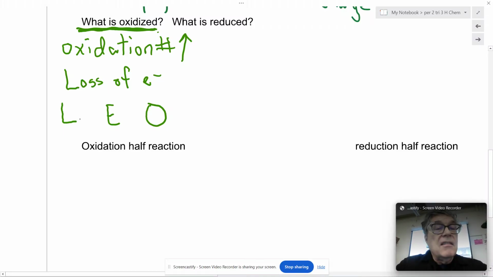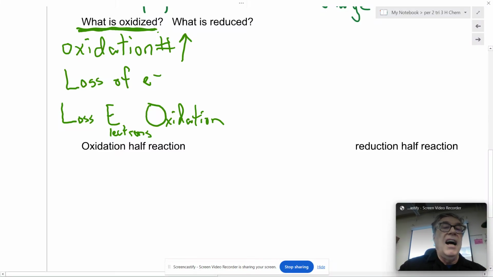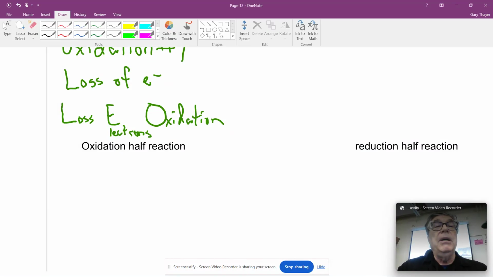Loss of electrons is oxidation. Loss of electrons is oxidation. And the oxidation number will go up when that happens.